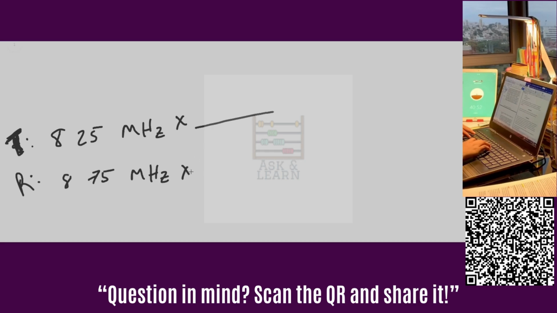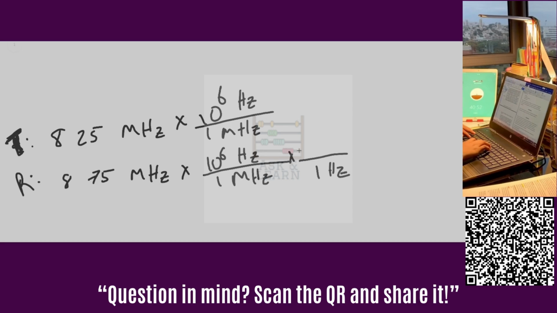So, mega to regular hertz. 1 megahertz is 10 to the 6 hertz. Now, originally, 1 hertz is pretty much 1 per second.